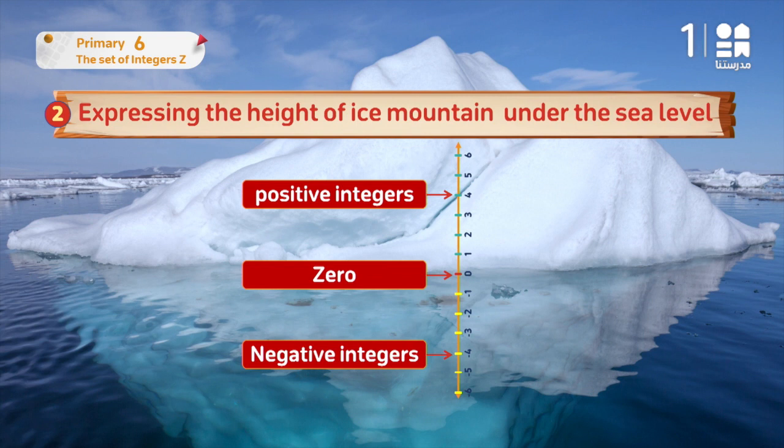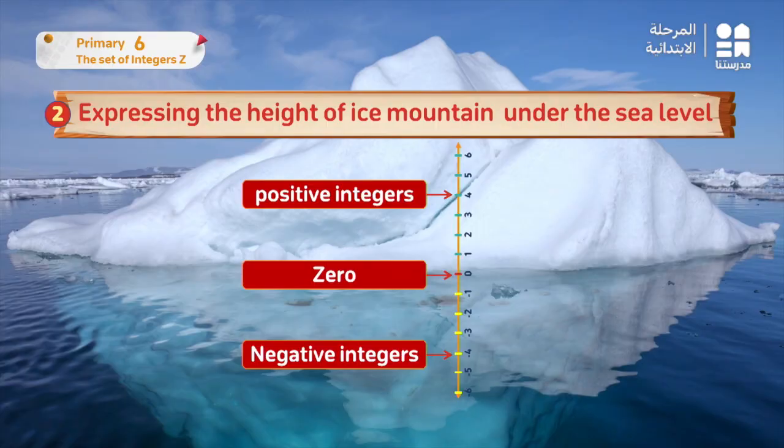And I will say that the sea level is the 0 point. This is the point that separates the positive places from the negative places. Below the sea level, I can use negative numbers. So it's under the sea level by 1 meter, 2 meters, and so on.